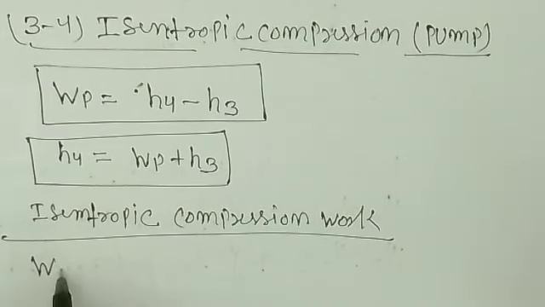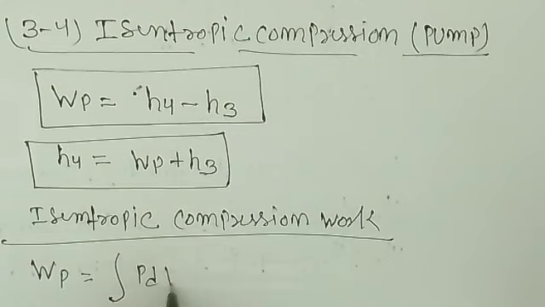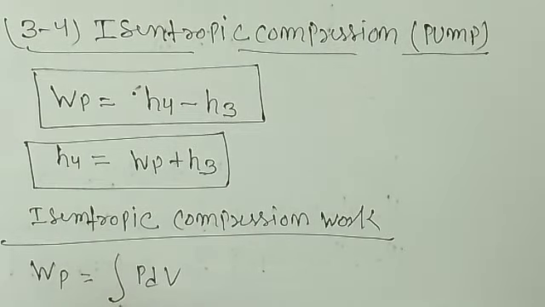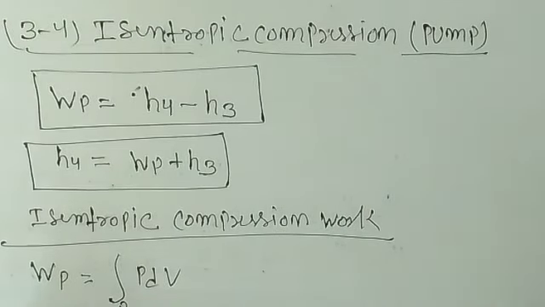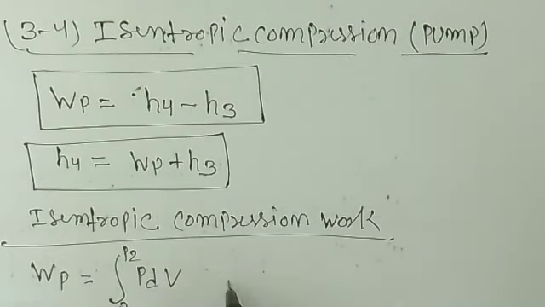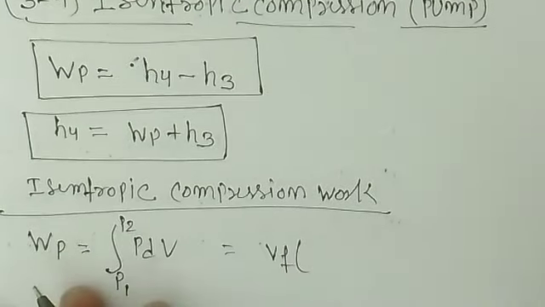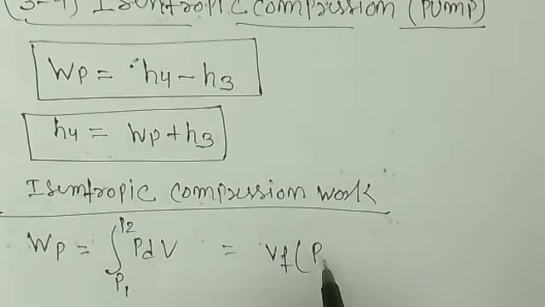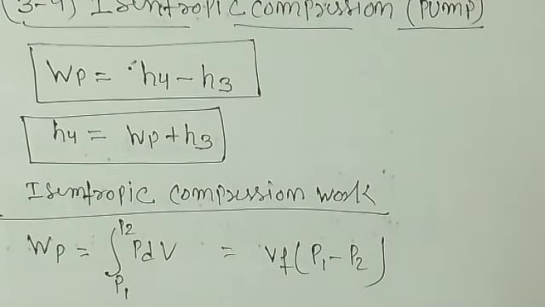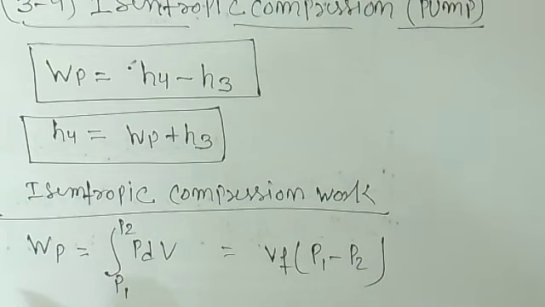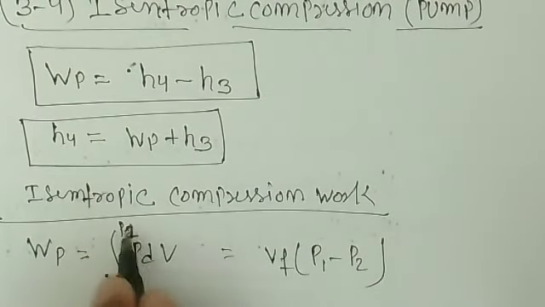That is WP is equal to integration of V dP, right? Integration from where to where? From P1 to P2, right? Or you can say Vf, that is specific volume of fluid, into (P1 minus P2). Sorry, P2 is lower and P1 is higher, right?